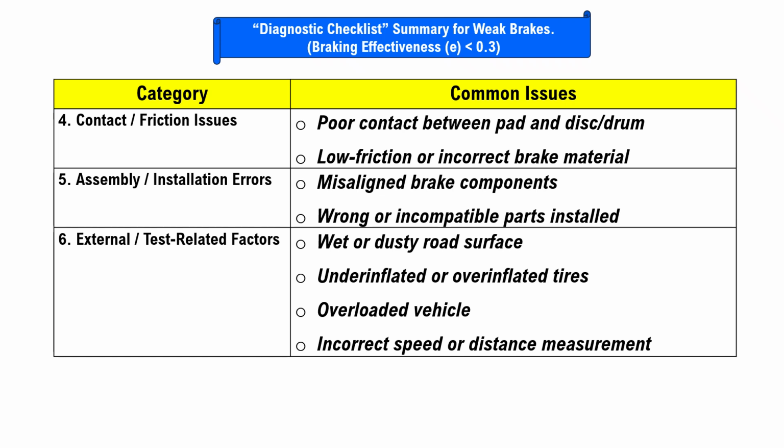The issues related to contact and friction are poor contact between pad and disc and drum, low friction or incorrect braking material. The issues related to assembly and installation are misaligned brake components, wrong or incompatible parts installed.